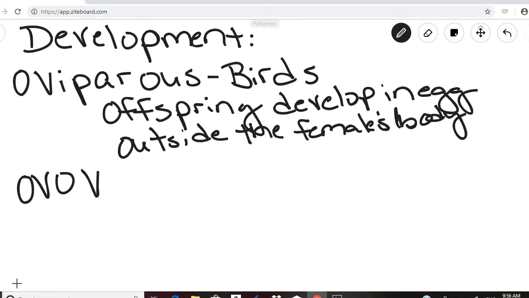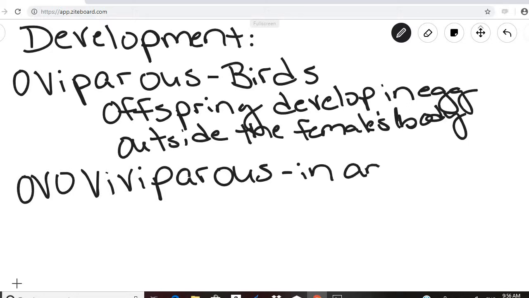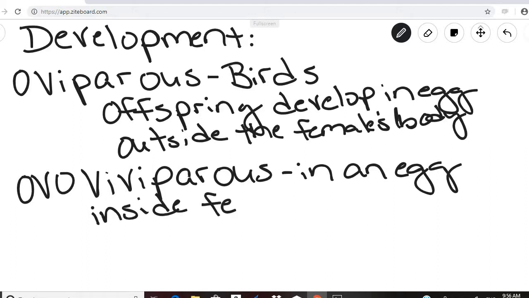ovoviviparous. In this type of development, development occurs in an egg inside the female's body. Now this is a more rare type of development.